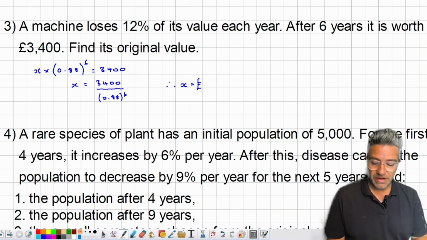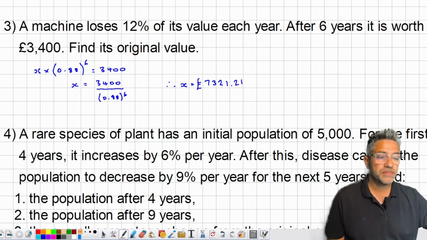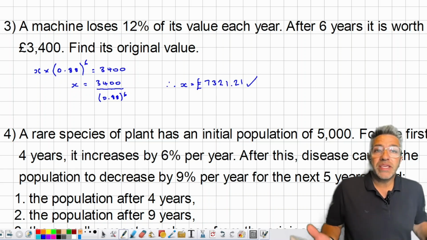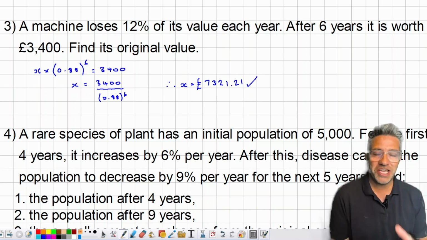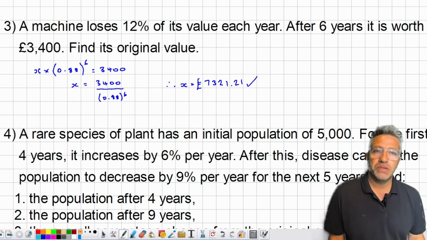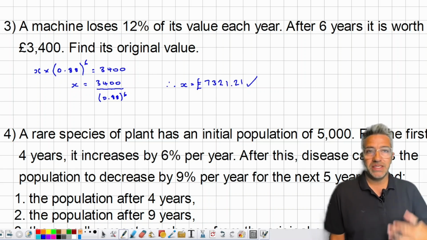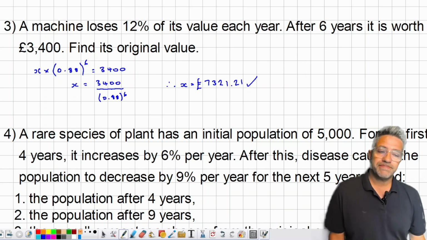Certainly going to need a scientific calculator. 3,400 divided by, open brackets, 0.88 close brackets, to the power 6, execute, and I'm getting £7,321.21. Now, unless stated, I always give my answers to 2 decimal places, but given that this question relates to money, even more importantly, I'm giving my answer to 2 decimal places because we work in pounds and pence.